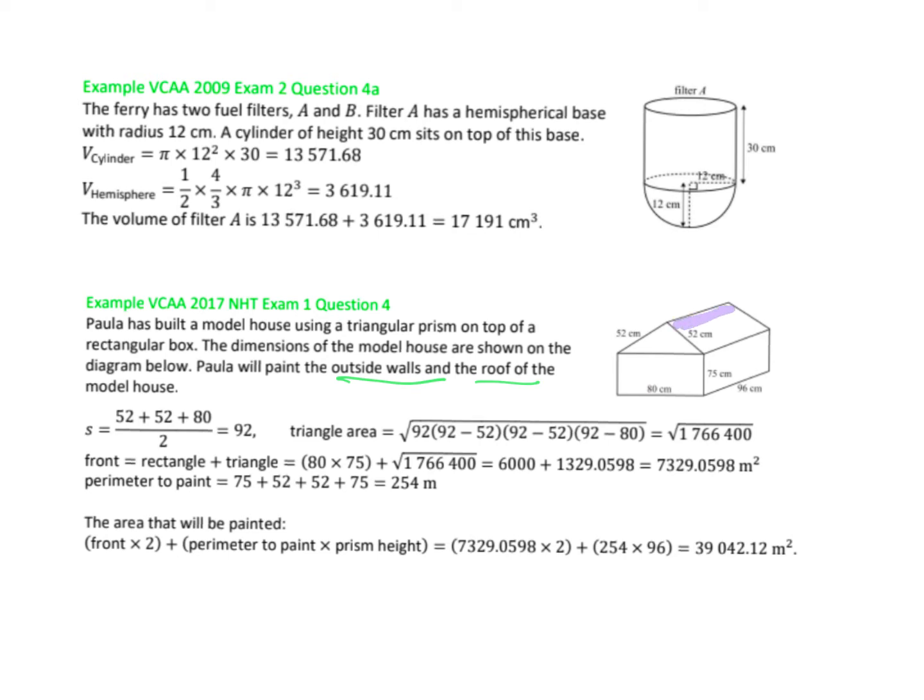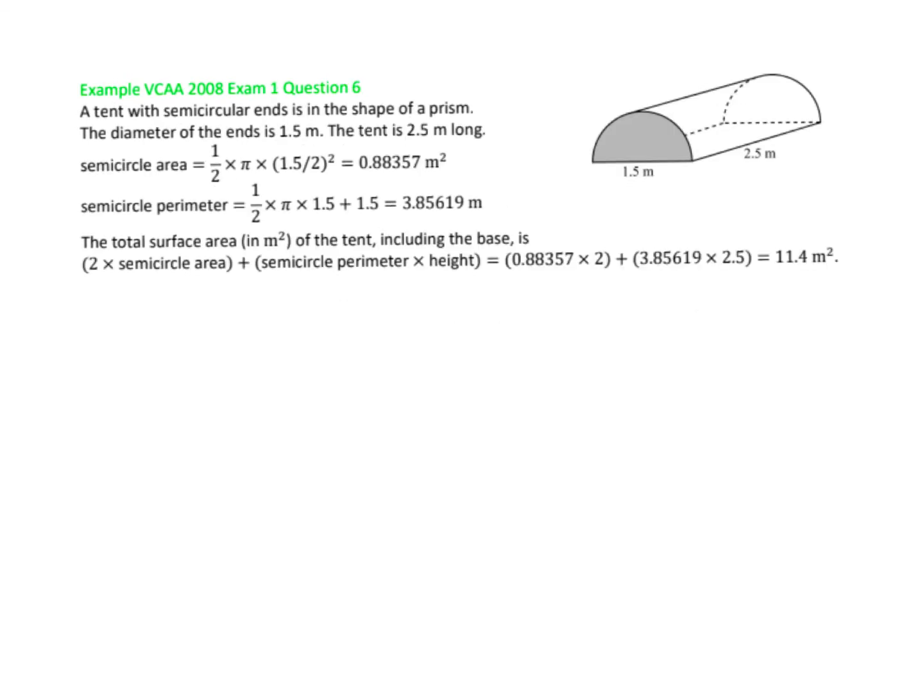You've got these 2 roof panels, then you've got your 2 end triangles, which they would have times by 2. Then you've got 2 sides, and then those 2 sides as well. They don't want you to paint the floor, so you've got to break them all up and find it, and they've done that. Okay, here's a tent.